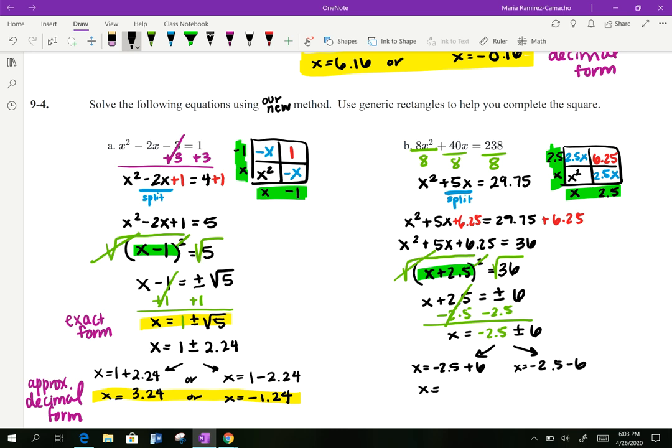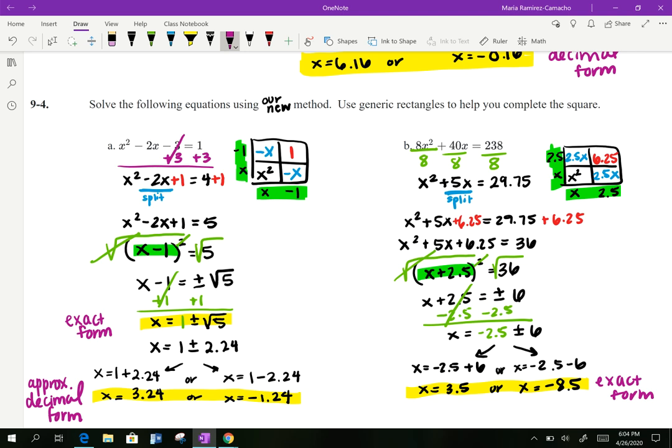If I add, I get 3.5, and if I subtract, I get negative 8.5. So in this case, this is my answer in exact form. It's in a decimal, but it's exact form because I didn't have to approximate anything. I'm not estimating or rounding any decimals. This is exactly what it is.